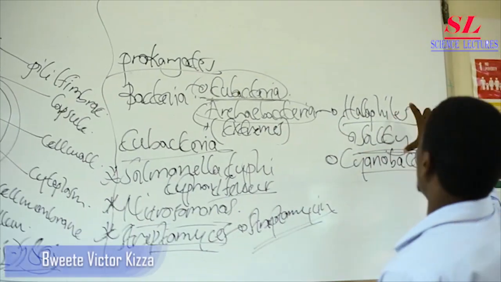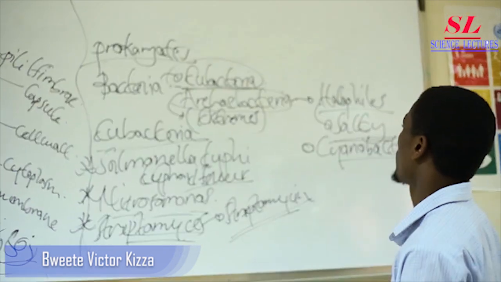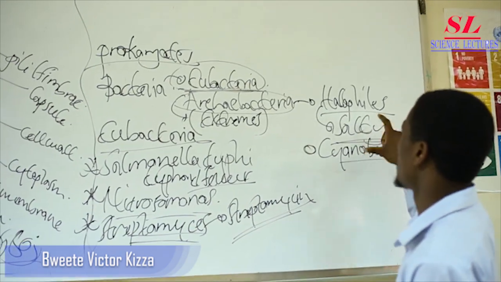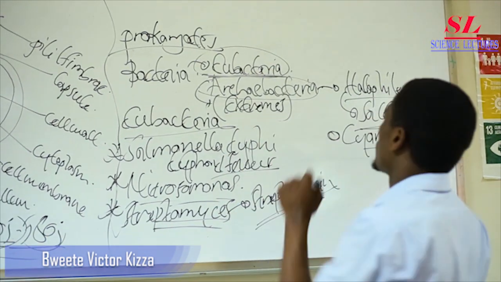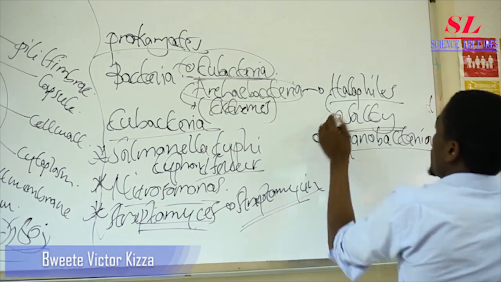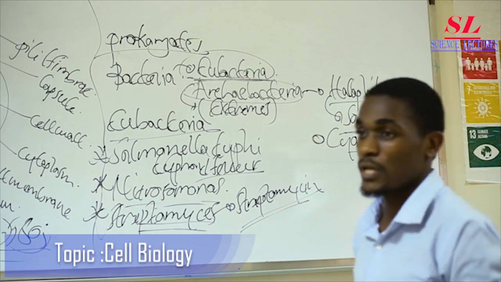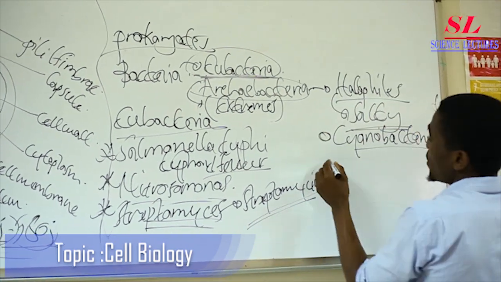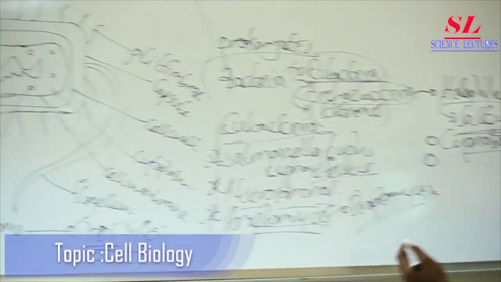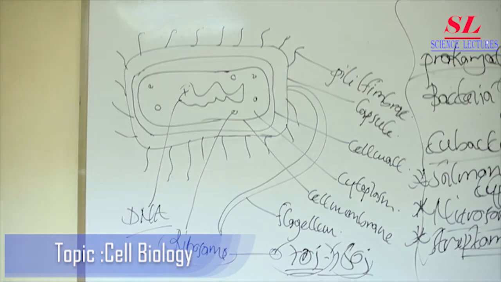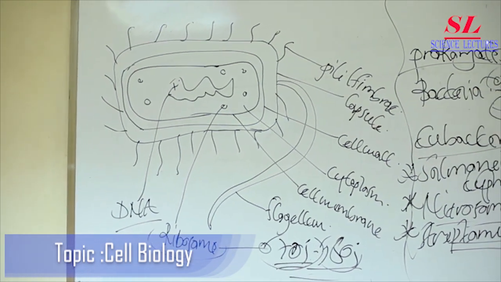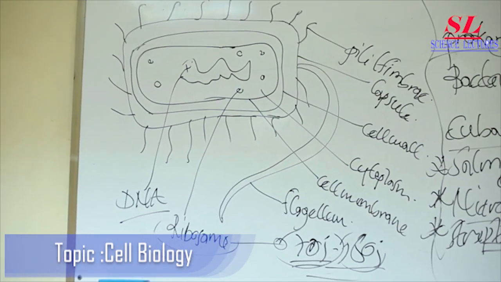So halophiles, that is it for the halophiles. They live under salty conditions, the extremes we are talking about. So halophiles will be found in very salty conditions. An example is cyanobacteria, like we've seen. Then another group we can think of are methanogens, like Methanococcus.